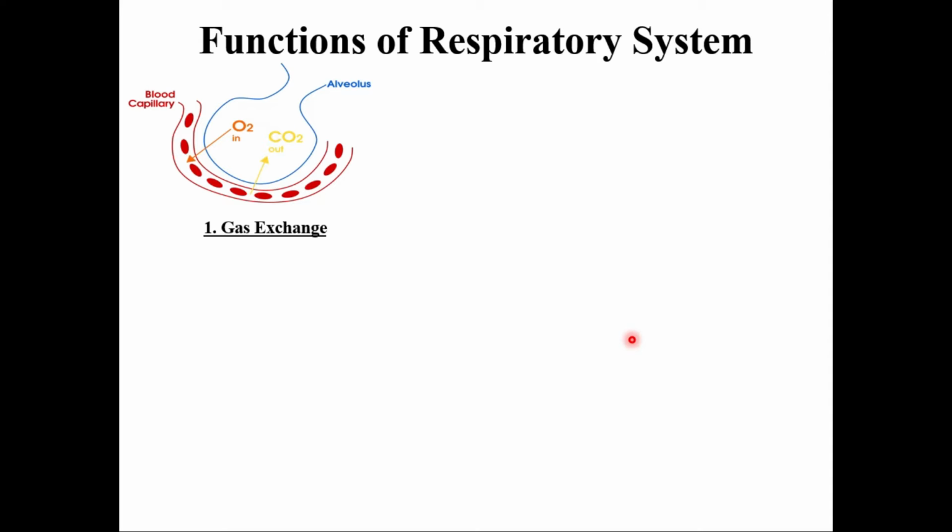Nitrogen composes 78% of air, while oxygen and carbon dioxide compose 21% and less than 1% of air, respectively. That is, oxygen is present at around 21% in air and the carbon dioxide percentage is less than 1%.